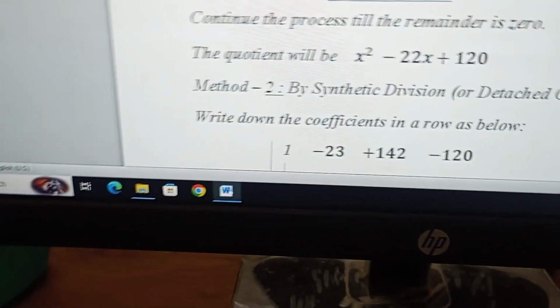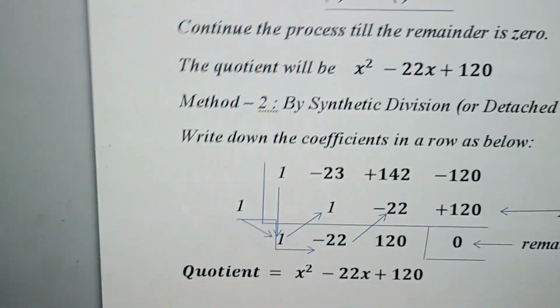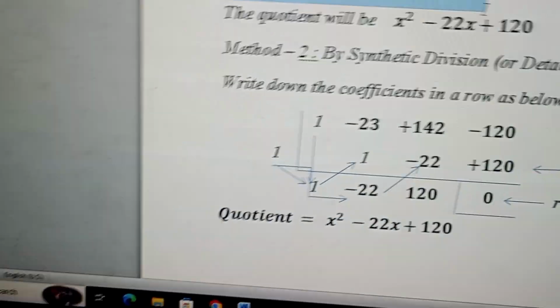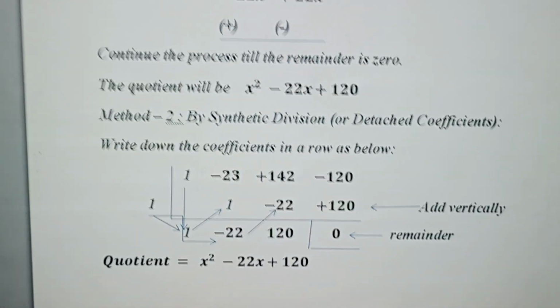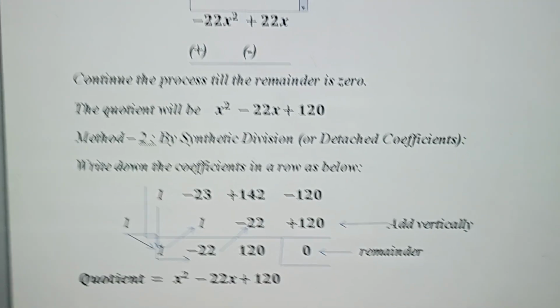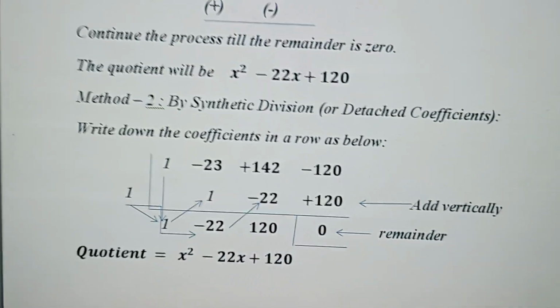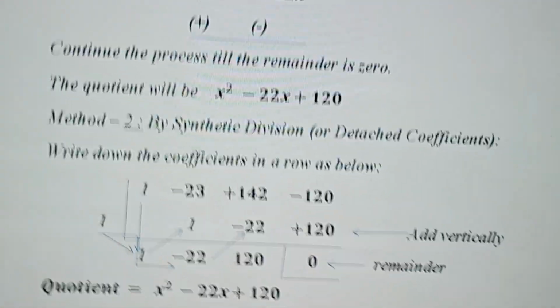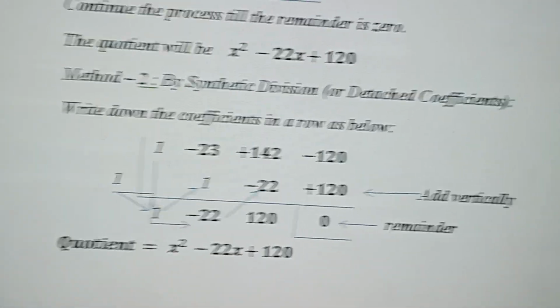And when we do the synthetic division over here, just as we go down here, we will enumerate this here, the synthetic division method. Synthetic division is slightly easier, in fact easier than the long division method. You just have to detach the coefficients.